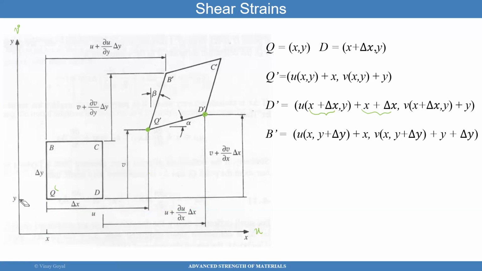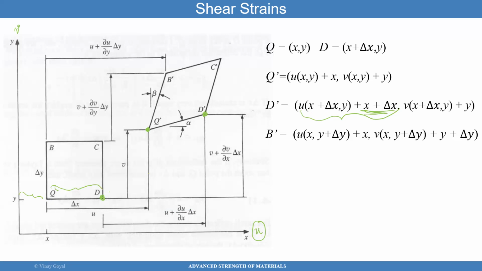Let's say it again. I'm trying to evaluate how this point D got all the way to D prime, but only in the x direction, which is deflection U. So I'm looking at the x coordinate. This point D is located at x plus delta x, which is what you see here.